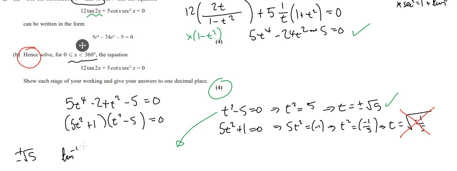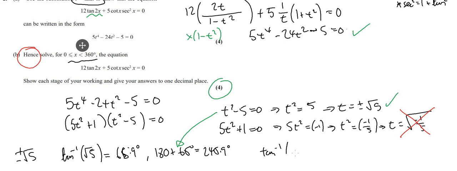So we do tan minus 1 of the square root of 5, and that's going to give us, actually, 65.9 degrees. That's our first solution. Okay, remember this is tan, so then we do 180 plus 65.9 degrees, and that gives us 245.9 degrees.